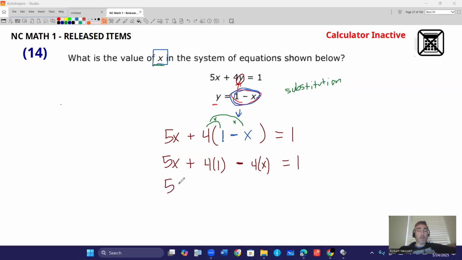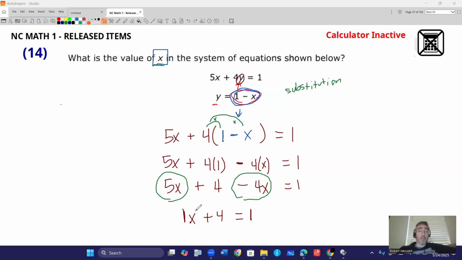So 5x plus 4 minus 4x equals 1. Now we're going to combine our like terms. Anytime you have multiple variables on one side, you have to combine them. So 5x and minus 4x combine to give you 1x. 5 minus 4 is 1. So 1x, then I have this lone plus 4 equal to 1. 1x is x, so x plus 4 equals 1.